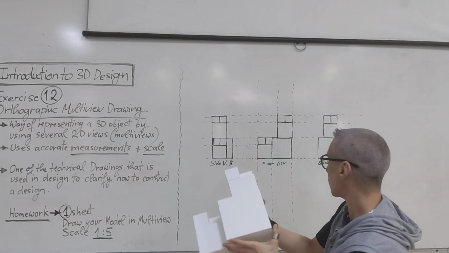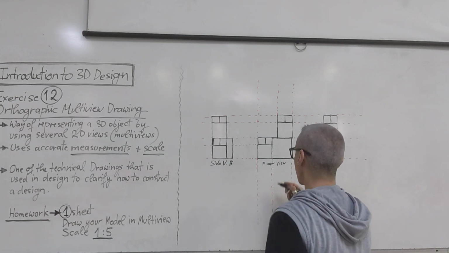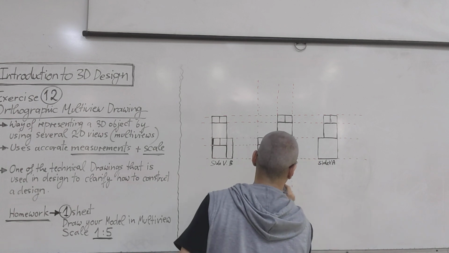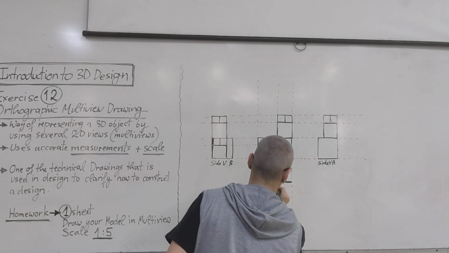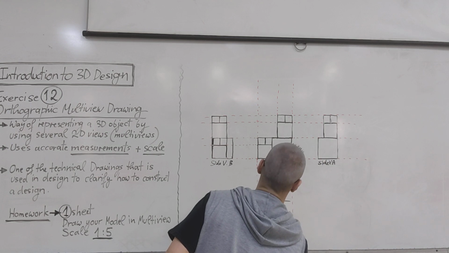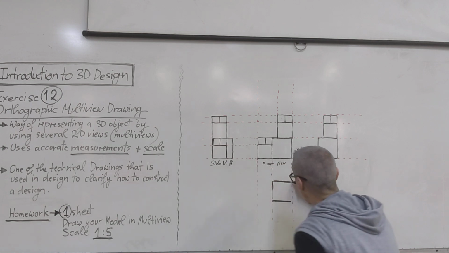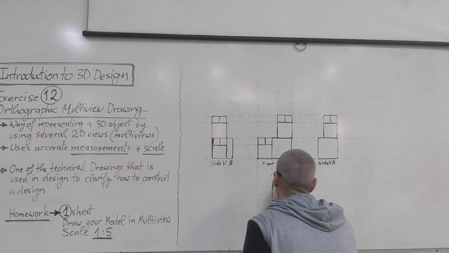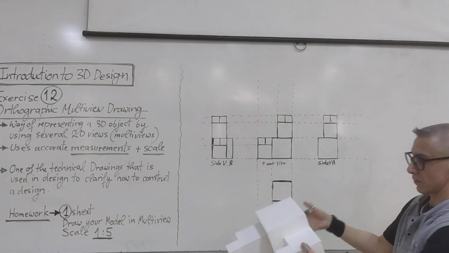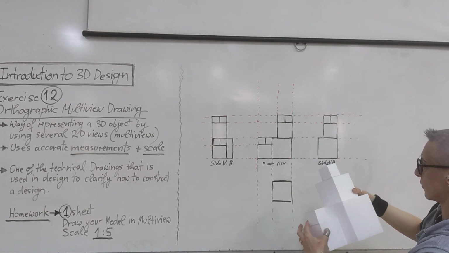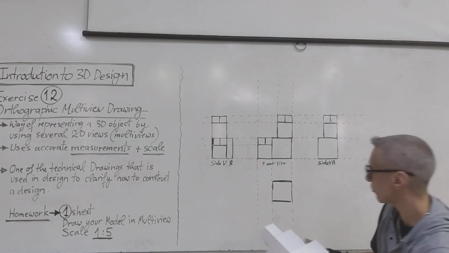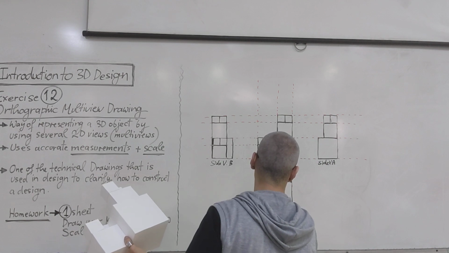So, from the bottom view, we can see the big cube. We see the big cube, and we see this cube, which is the 10 centimeter cube.